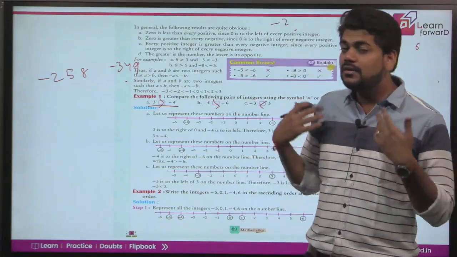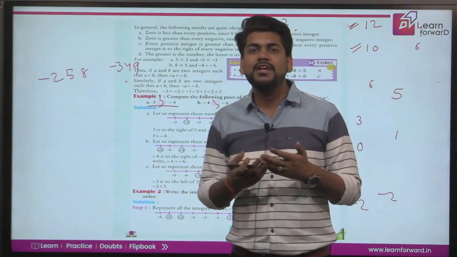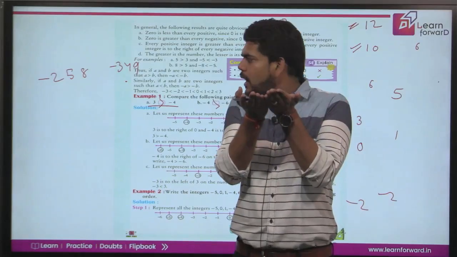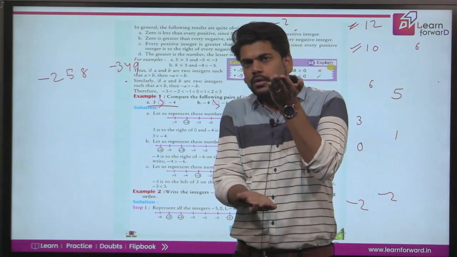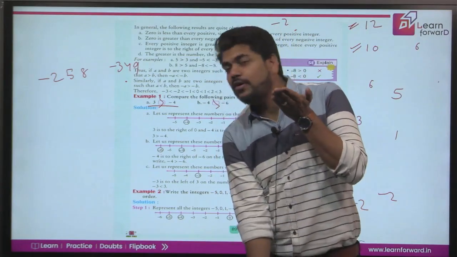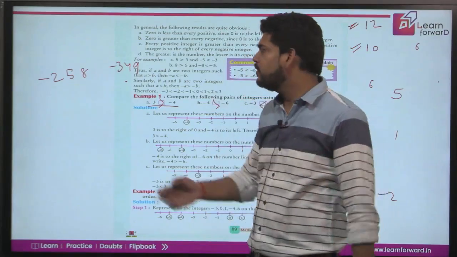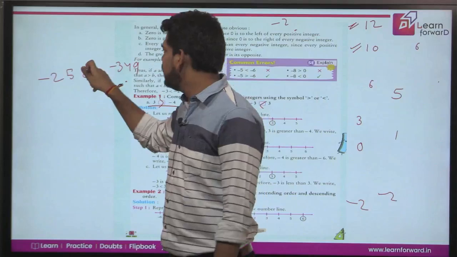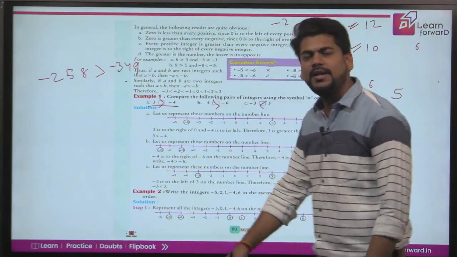Then you will analyze by the lift example. From 0, where will I reach first? -258, then -349. So which one is above? -258. So -258 is greater than -349. Clear?